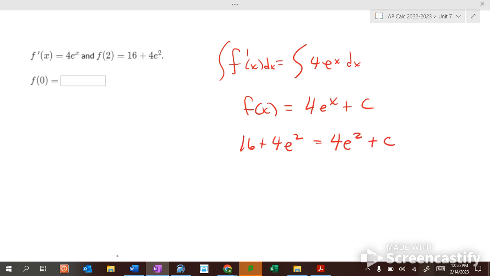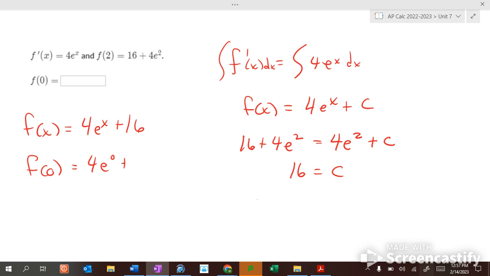So what's c? 16. Subtract 4e to the 2nd from each side. So f of x equals 4e to the x plus 16. What's f of 0? What's e to the 0? 1. 1 times 4 is 4, plus 16 is 20. Ta-da.